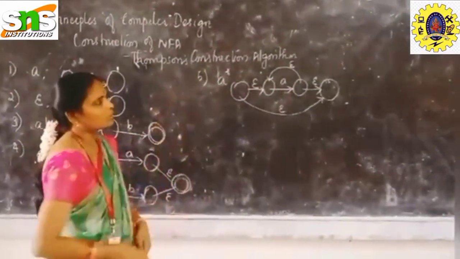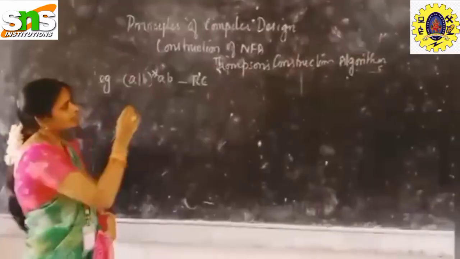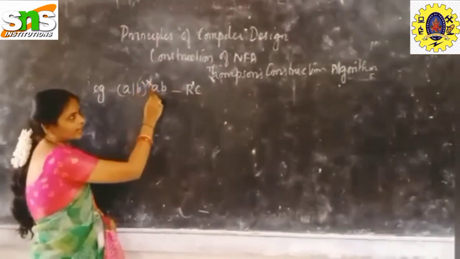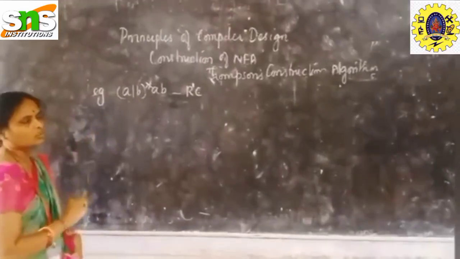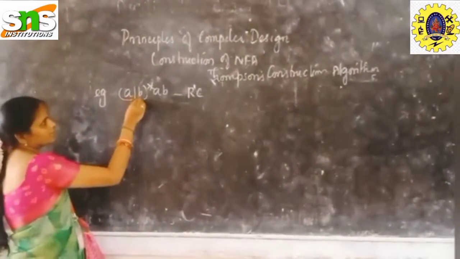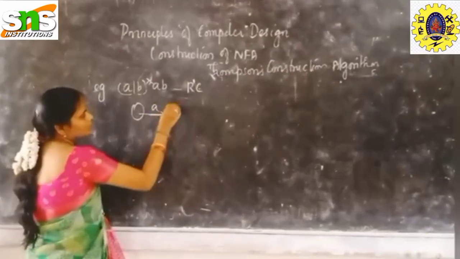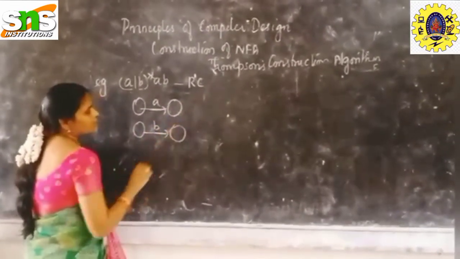So these are all the rules stated for the NFA construction algorithm. Now let's take an example: A slash B the whole star, followed by AB, as the regular expression, and construct the NFA based on the given algorithm. Let's start with A and B. For A, the NFA becomes this, and for B, this is the NFA.